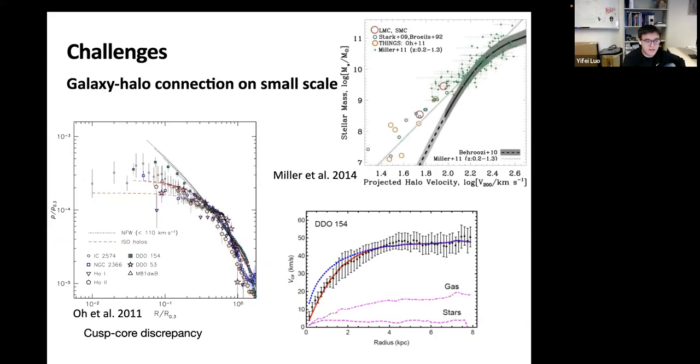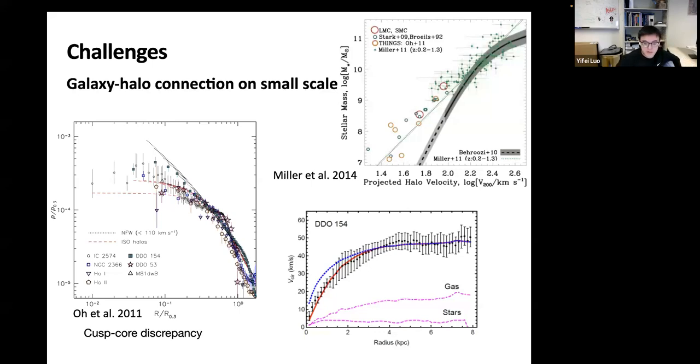One challenge is on small scales. There are a bunch of papers, starting from around 2003, 2004 and over the past decades, that talk about challenges to lambda CDM on small scales, especially for dwarf galaxies, from different aspects.